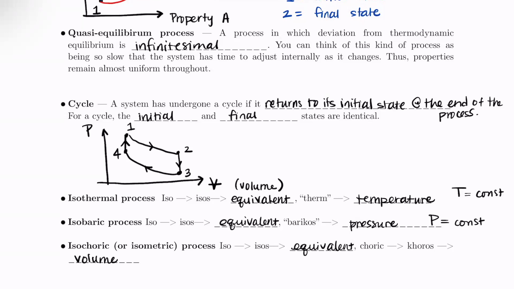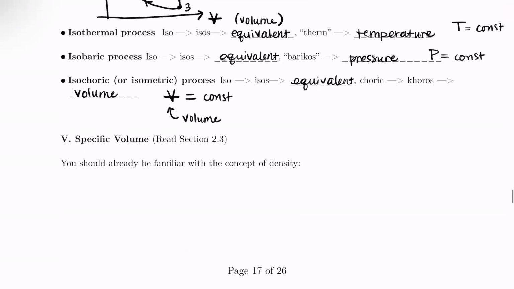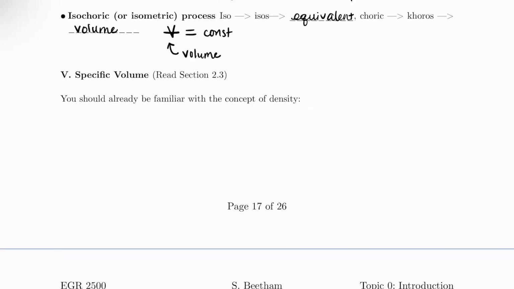And so this means that for this process, our volume is constant. Any question on those 3? Sorry, I know doing the terminology is kind of boring. We're almost through it.